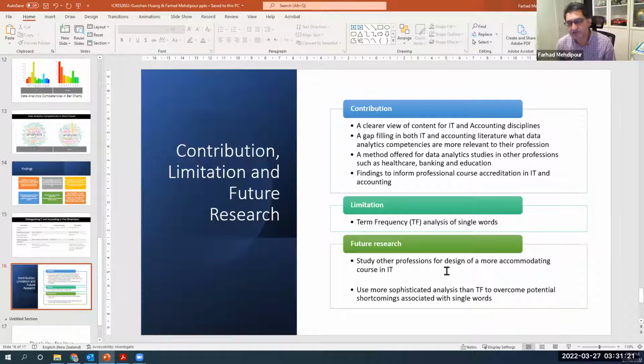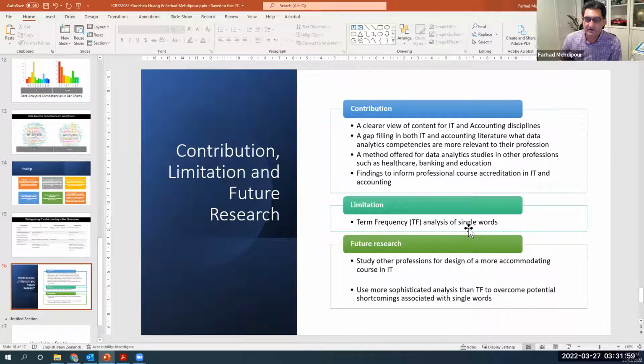I think this is really helpful for people who are developing programs and courses for data analytics. It gives ideas and insights about what's required in developing such courses. It would also be helpful for people in quality assurance who are trying to achieve consistency. Whether you are graduating from an IT or accounting school, there should be consistency between them.